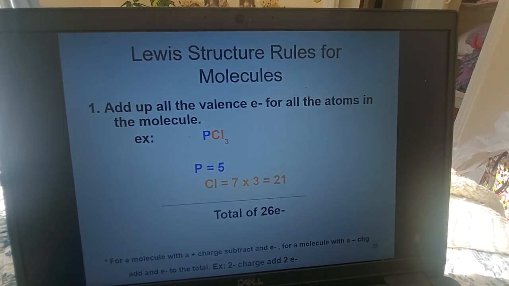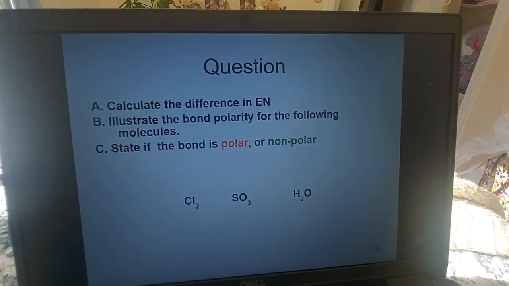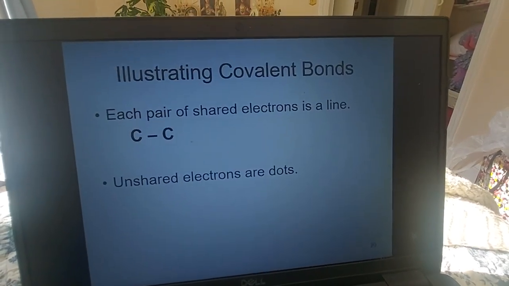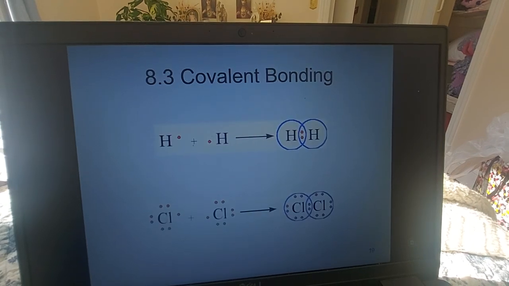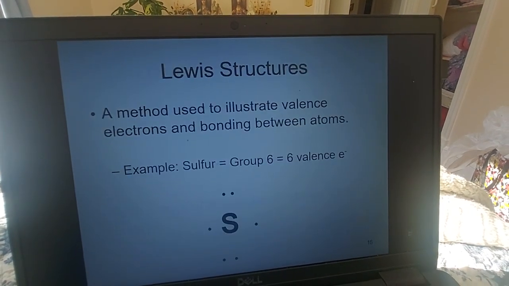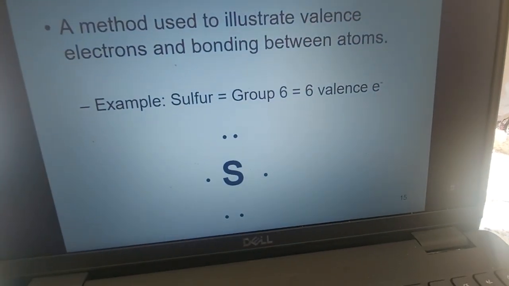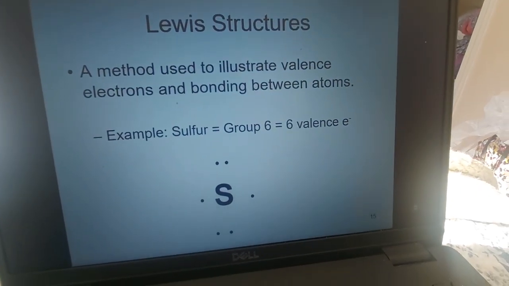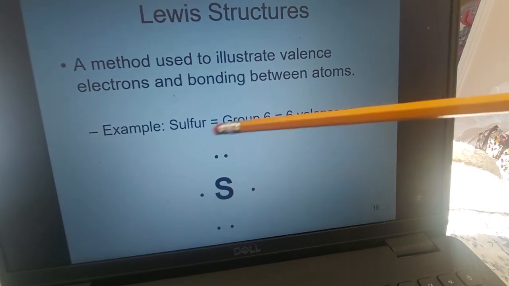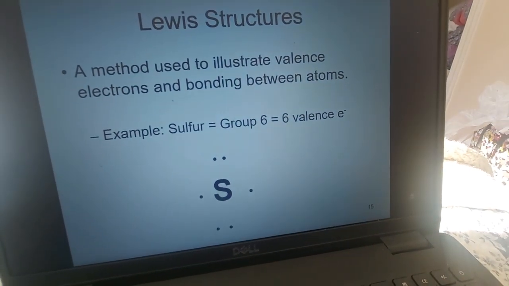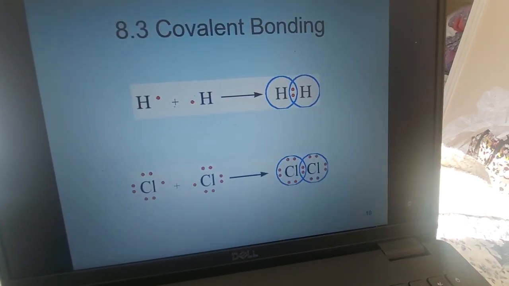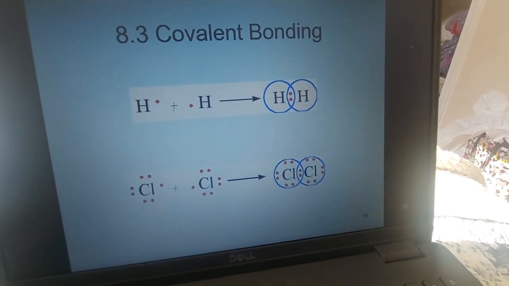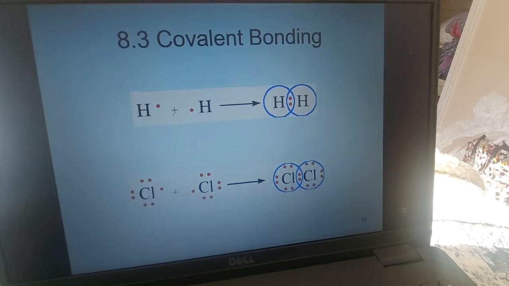All right, so last week we were talking about how to represent bonds using Lewis dot structure. You are already pretty familiar with how to represent an element using Lewis dot structure. Lewis dot structure shows you how many valence electrons something has, and when used to illustrate covalent bonds, you can see where the valence electrons are bonded to each other.